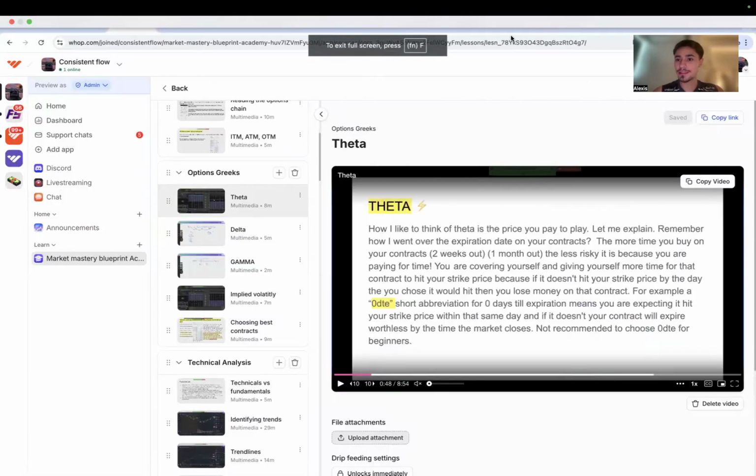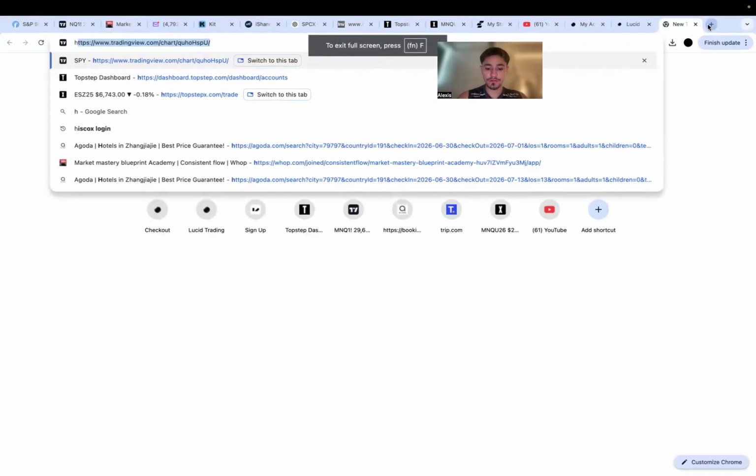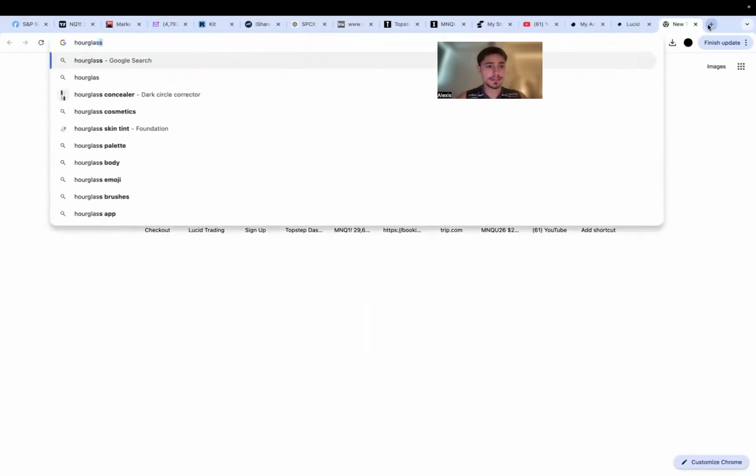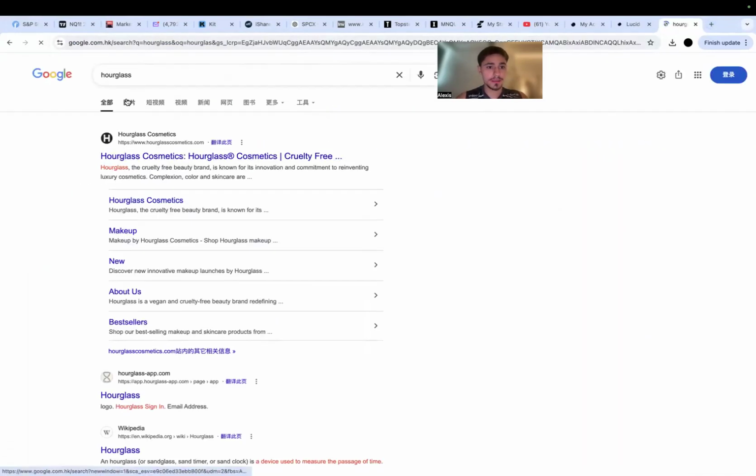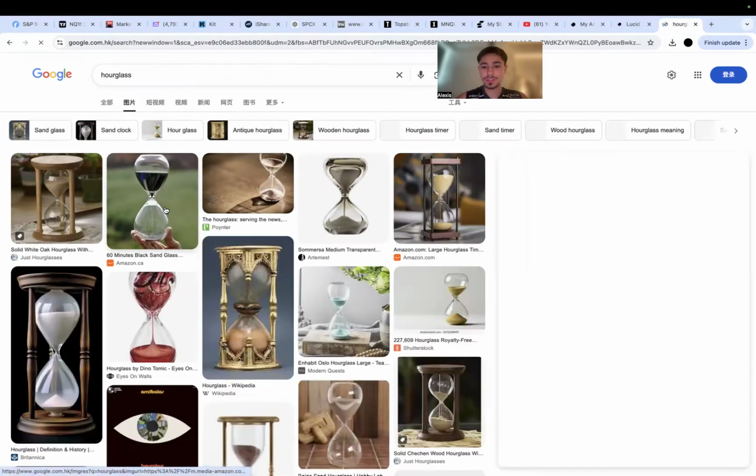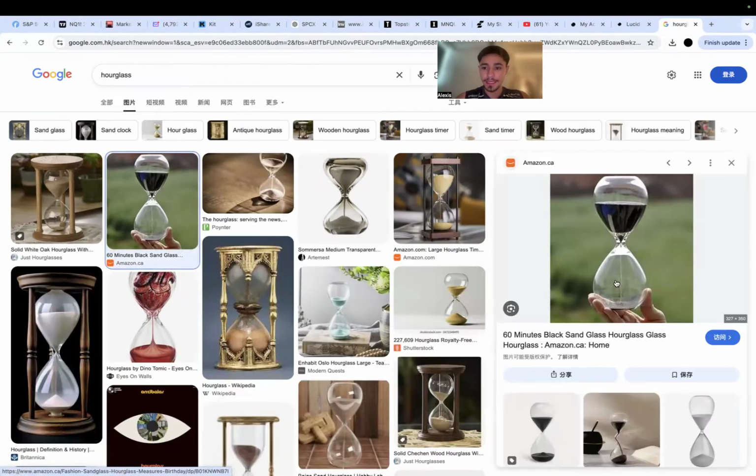Another way I like to think of it is the hourglass example. If I pop up an hourglass here, I want you guys to think of it like this. Let's say you have 1 week on your contract, and you think Tesla's going to 400. Think of this as your money, and this as your contract expiring.